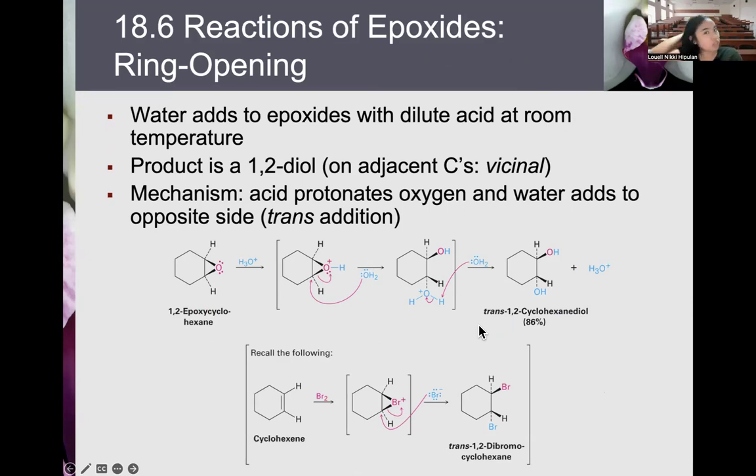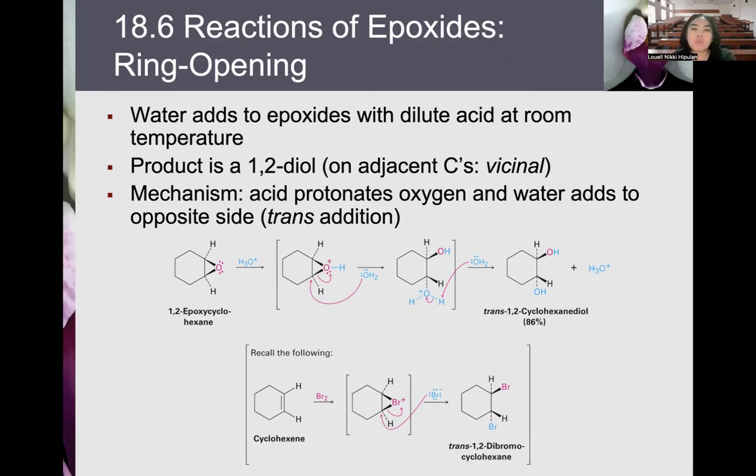And these are the reactions of epoxides. So usually, if you add water with dilute acid at room temperature, there's a reaction. It's what we call the ring opening reaction. So the ring will open. So your three-membered ring will open. So this is one reaction of epoxides.